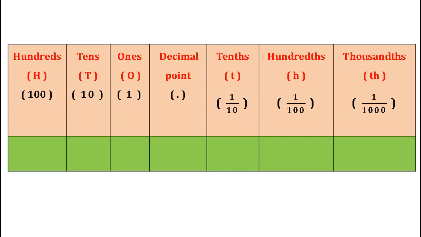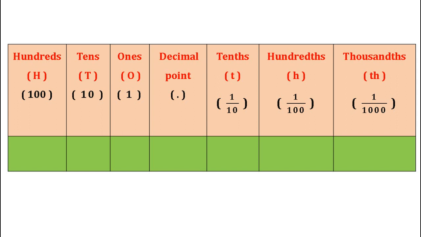So they represent the whole number part. To the right of the decimal point, we have the decimal parts. So immediately after the decimal point, we have the tenths place, next the hundredths, and lastly the thousandths place.